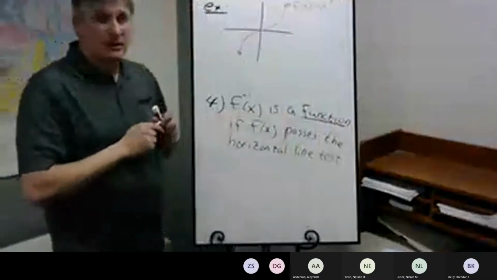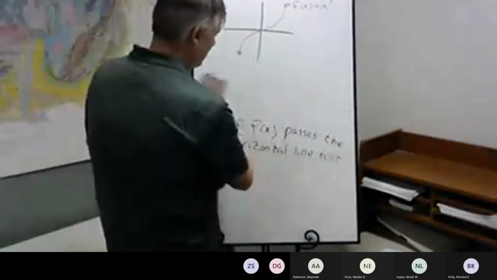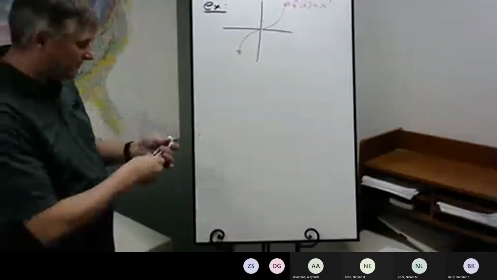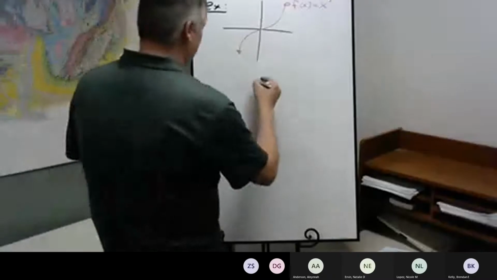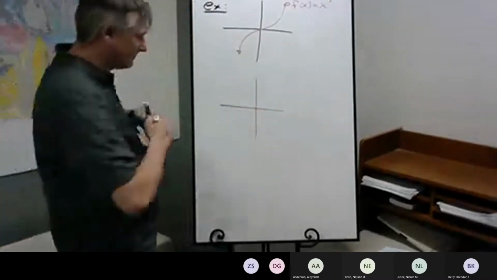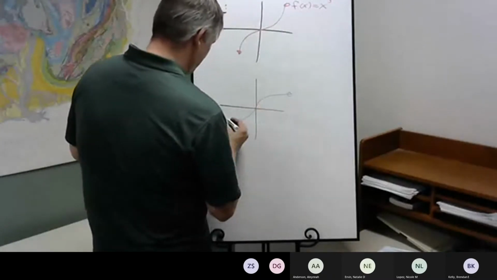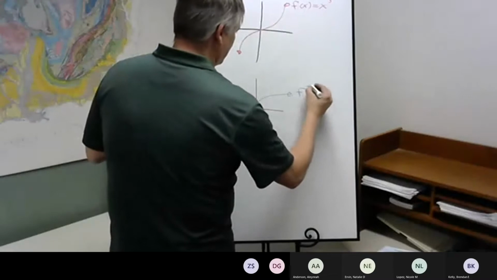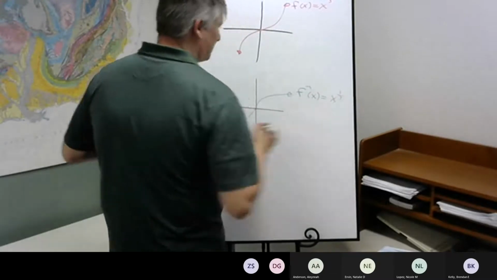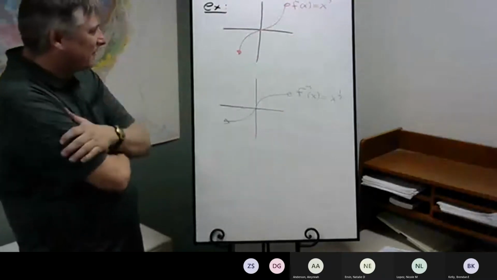So if f of x equals x cubed, the inverse function looks like this. So we have something like this.